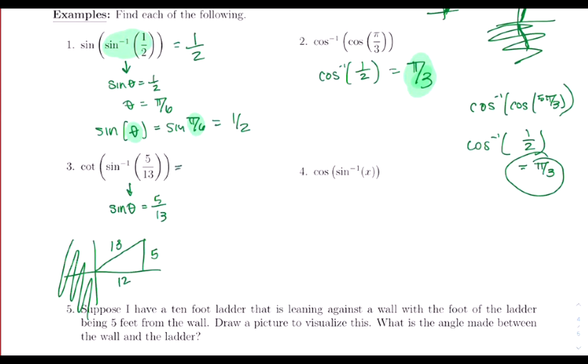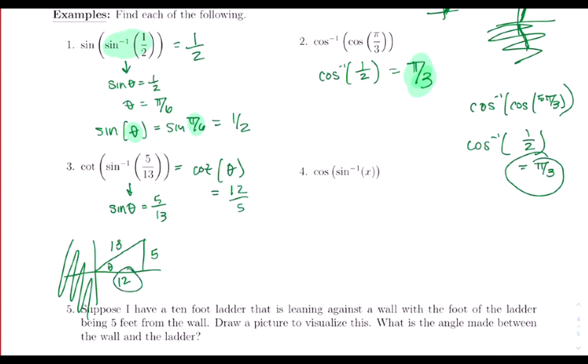So we've rewritten this whole thing as that angle, cotangent of theta. This is theta. What is cotangent of that? It's 5/12, 12/5, sorry. X over y. So again, the Pythagorean theorem gives you that third side.